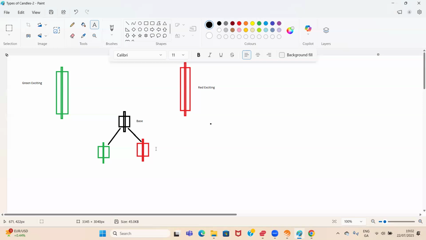Let's say buyers came into the market and said, I want to buy, and they started building up the volume, taking the price from 100 to 105 to 110. And now all of a sudden sellers introduced themselves. They said, no, no, you're not going up, we are going to sell everything. And the price started coming down and down and down again and again. From 105 it went to 95.